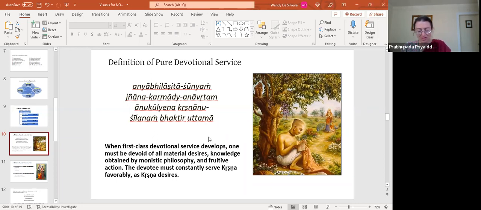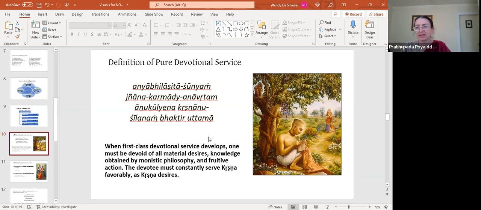If somebody's renounced, if they practice yoga, if they have an intellectual understanding of material and spiritual natures, if they're performing some sacrifices, they look like a pious, religious, good person. But for devotees, those are impediments if they don't support our loving relationship with Krishna. So we always have to be careful, these things can cover. So, yeah.